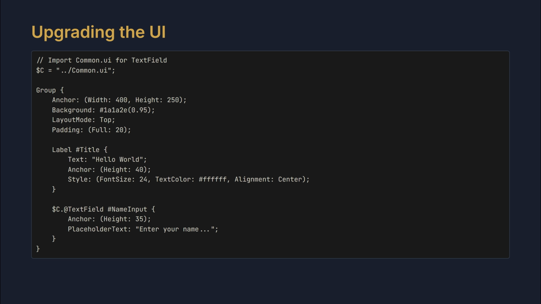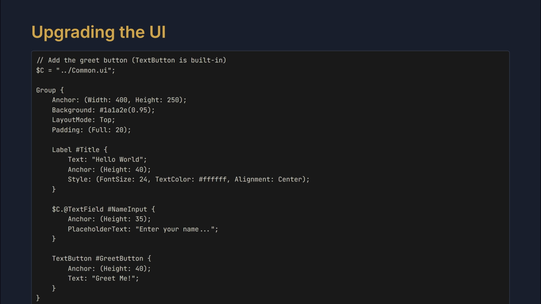For example, the text field is referenced by $C.add text field, and then the name input with a hashtag in front of it, which defines our ID. Then, same as before, I have an anchor, give it a height and a placeholder text, "enter your name", because it's a text input and I want to display a placeholder.